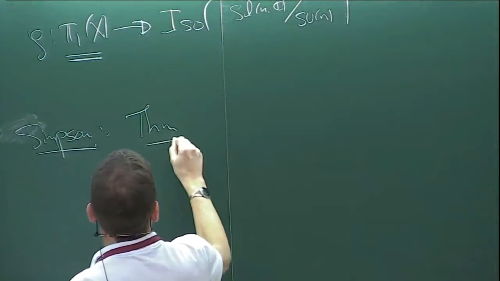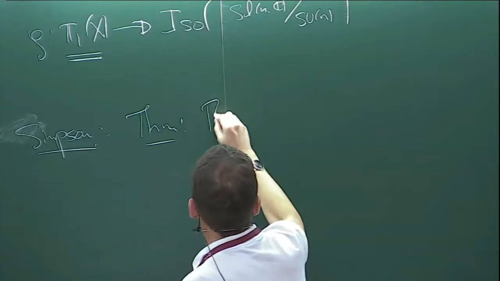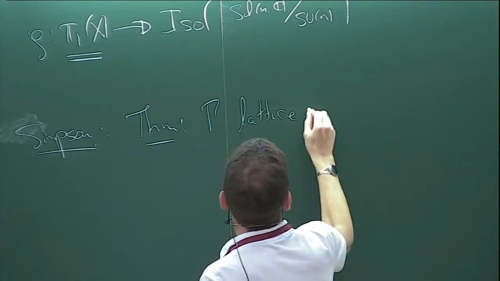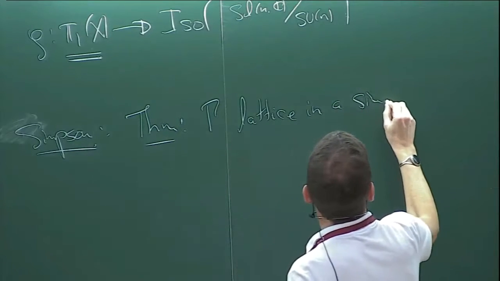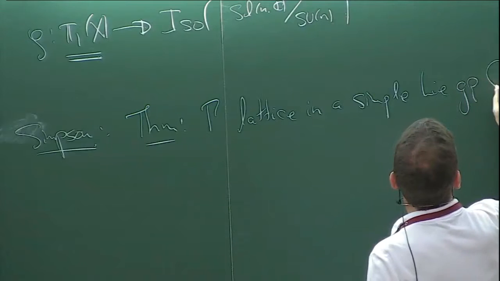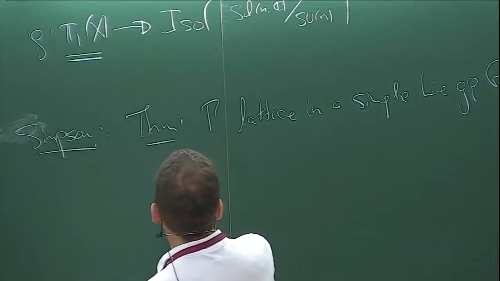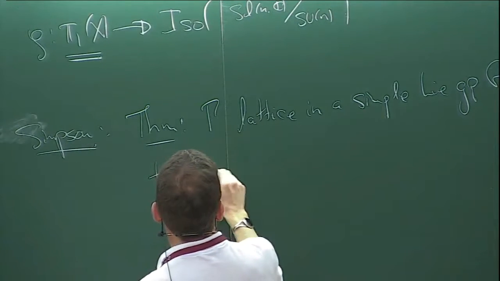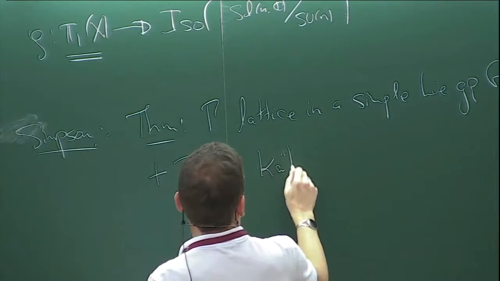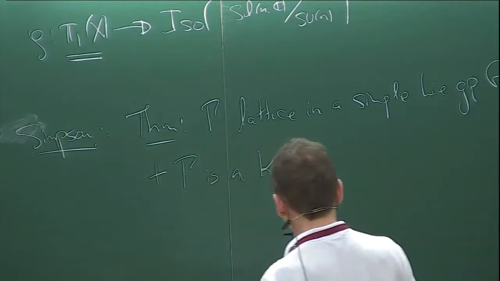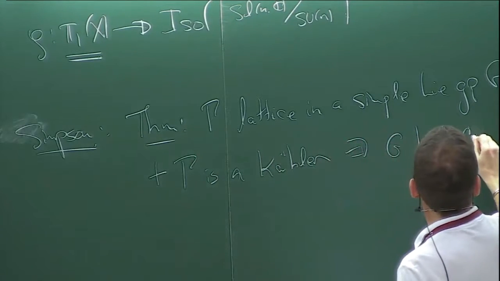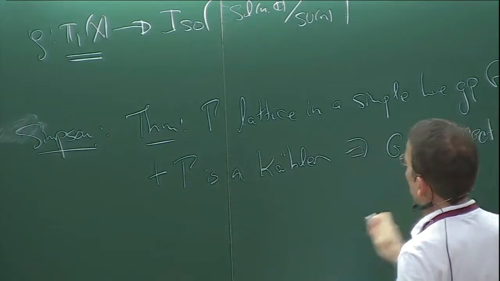So here's a precise statement: if gamma is a lattice in a simple Lie group, and gamma is a Kaehler group, meaning the fundamental group of a compact Kaehler manifold, then that implies that G has a compact Cartan subgroup.